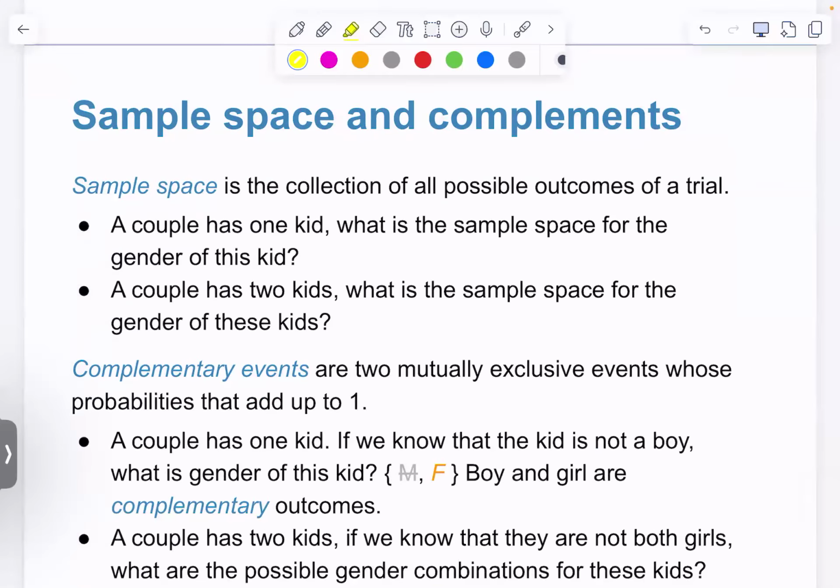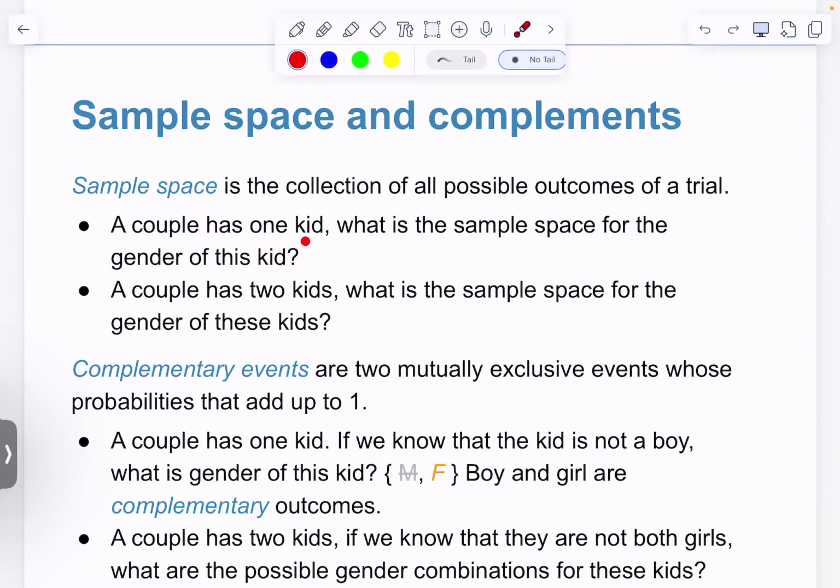So we already saw a sneak preview. We kind of felt the previous question leading us into the complements, and here we are. So the sample space is introduced formally. The sample space is the collection of all possible outcomes of a trial.